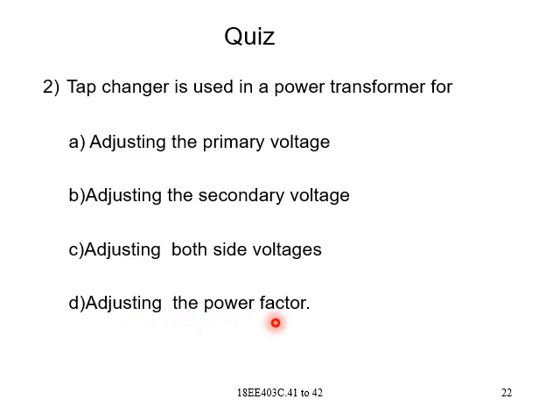So from the previous knowledge, actually the tap changer is used in the power transformer for the HV side. So adjusting the primary voltage, adjusting the secondary voltage, actually it is connected to the load side, meaning for distribution transformer or primary transformer that may be on primary, adjusting the primary voltage.